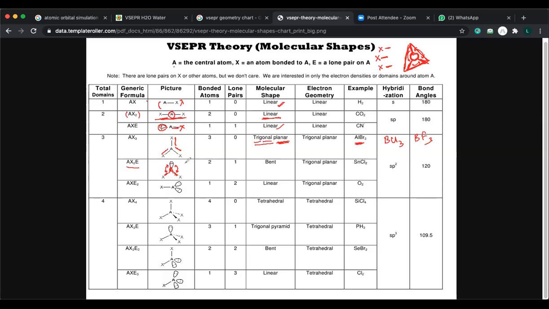In this case, because the lone pair has a tendency to repel more, the angle between the lone pair and this bond pair increases a little bit. You don't call this a bond angle because there is no bond. Which means that the angle between these two decreases a little bit.